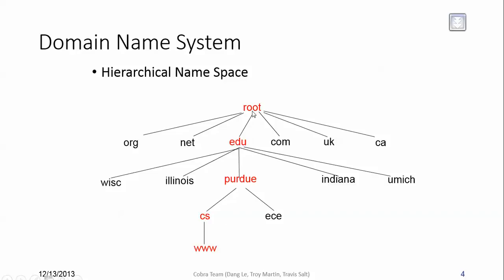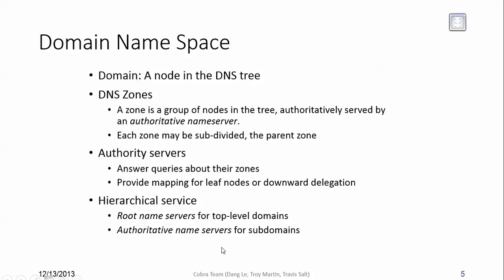At the top is the root, held by 13 root servers, and the lower levels are org, net, edu, com, uk, ca, and so on.